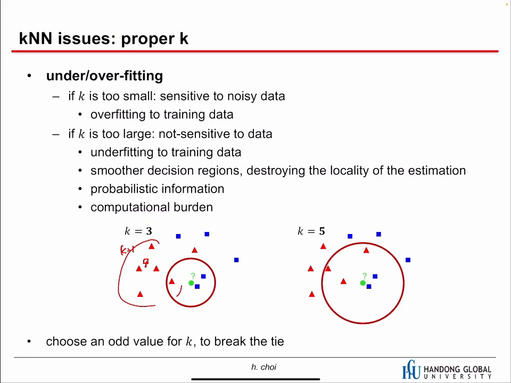But if k is too large, then it is underfitting, and the boundary is smoother than before, and it can destroy the locality of the estimation.